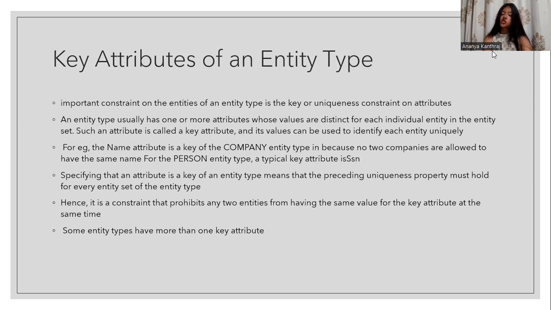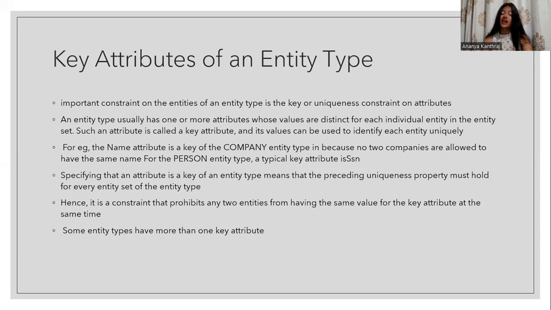Such an attribute is called a key attribute, and its values can be used to identify each entity uniquely. For example, the name attribute is a key of the company entity type because no two companies are allowed to have the same name. For the person entity type, a typical key attribute is SSN.